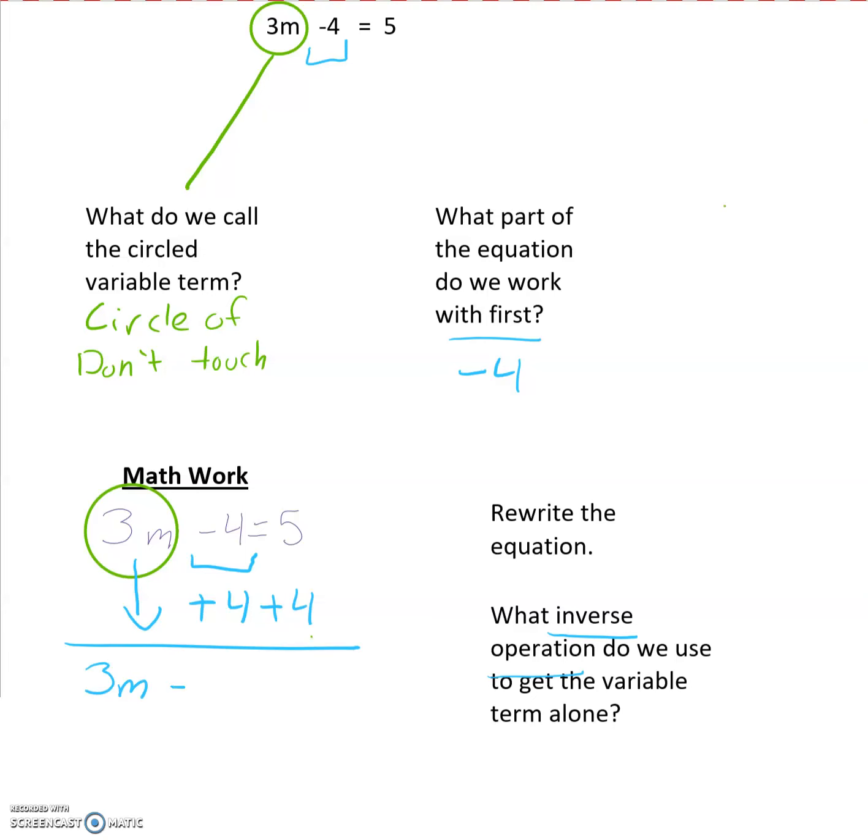So if you want to, you can write a big +0 here to remind yourself that you're not doing anything. There's nothing left here. And then what is 5 plus 4? 9. Very good. All right.